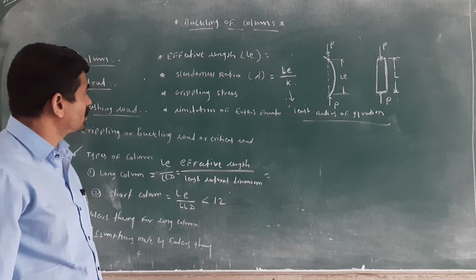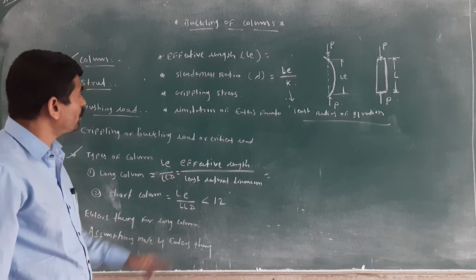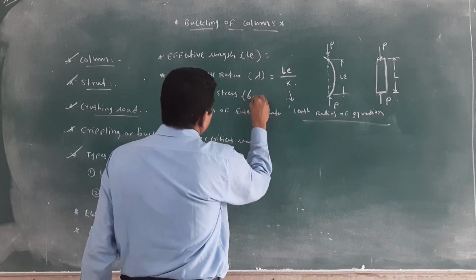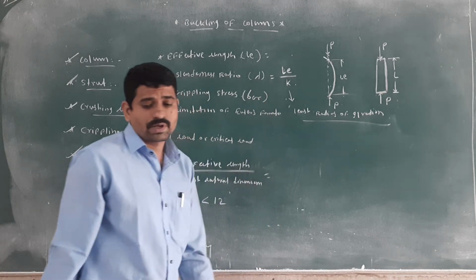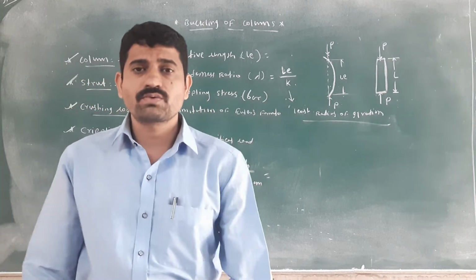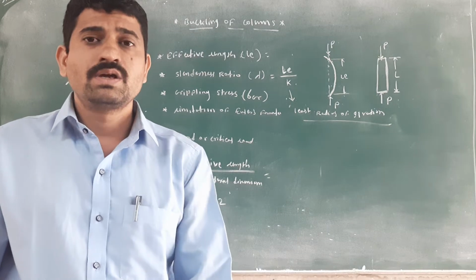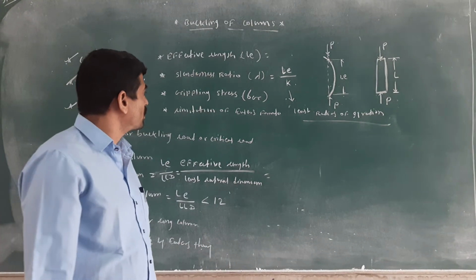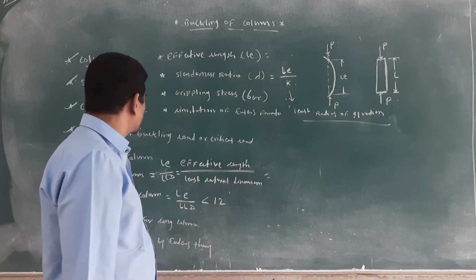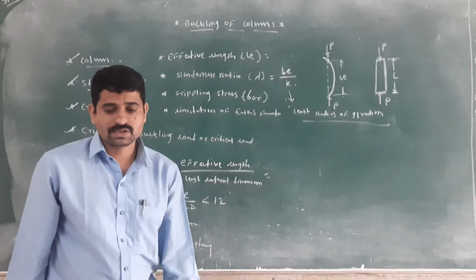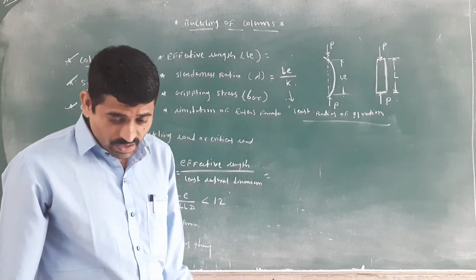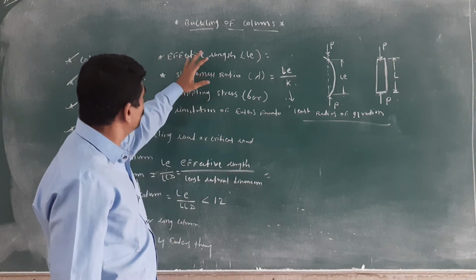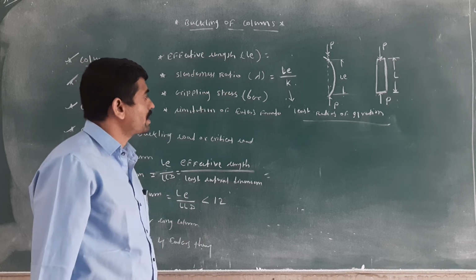We require this formula. Then we move on to the crippling stress. How to calculate the crippling stress? You know the general definition. Crippling stress is also called critical stress or buckling stress. We want to calculate it in terms of effective length and radius of gyration.